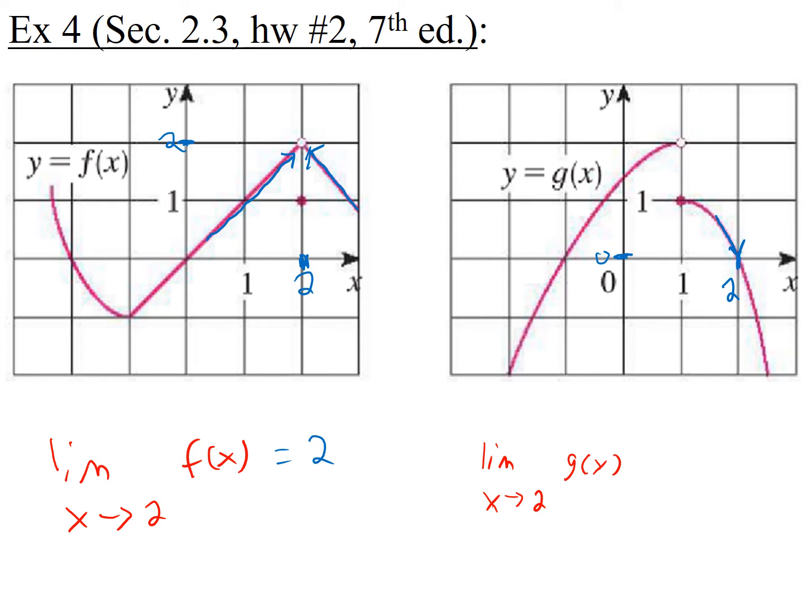If you start on the right and head towards 2, again, we end up with 0. So it looks like the full limit is 0. So the limit of each one exists. The limit as x goes to 2 of f is 2, and the limit as x goes to 2 of g is 0. That one exists as well.